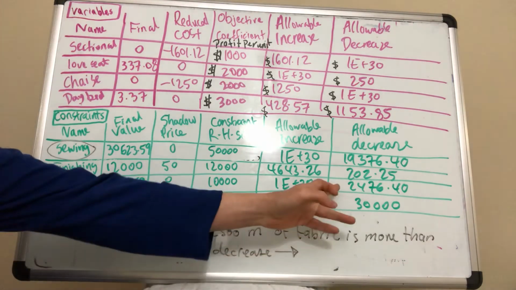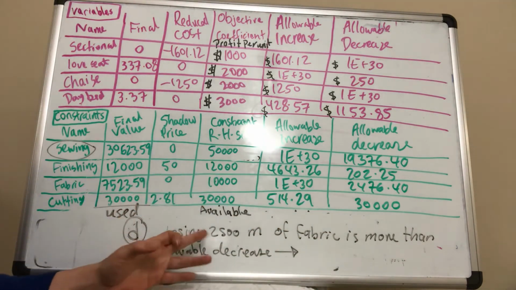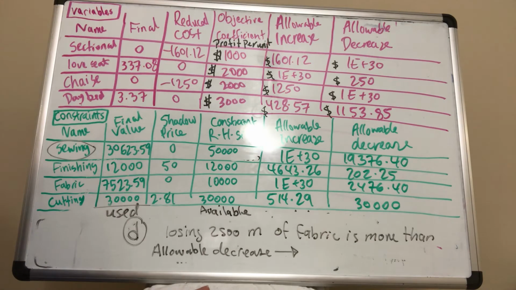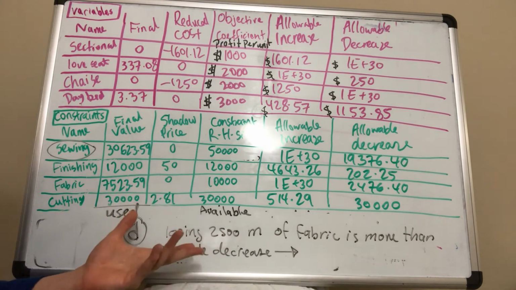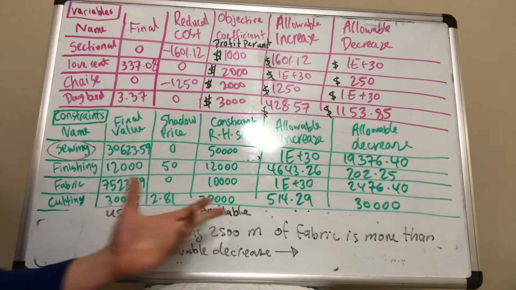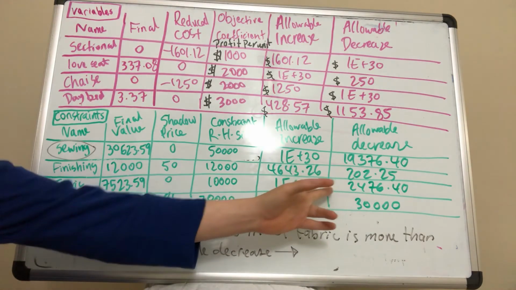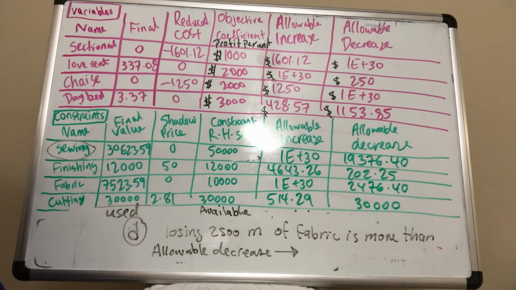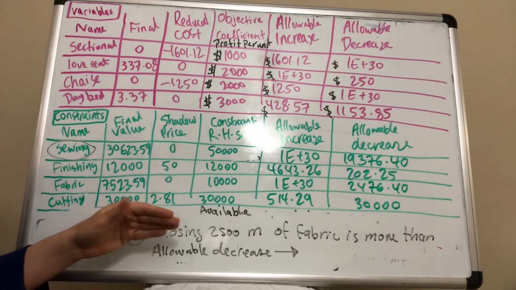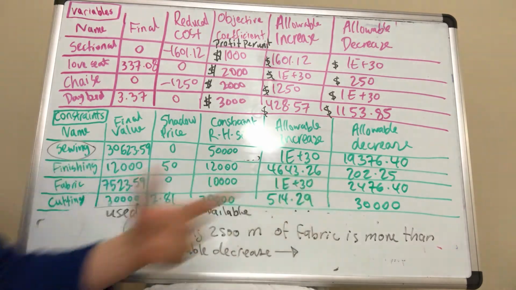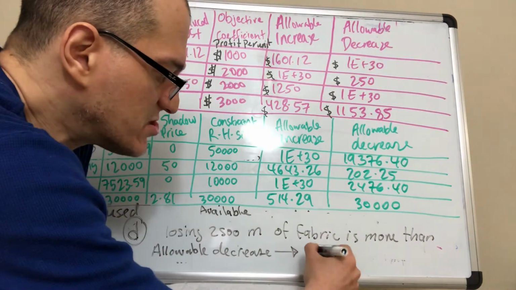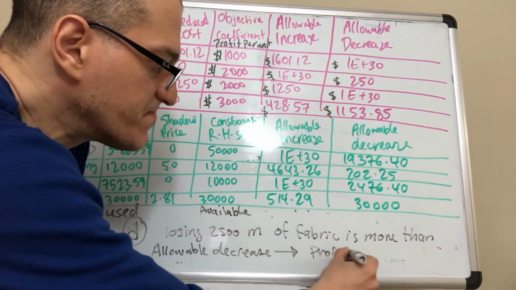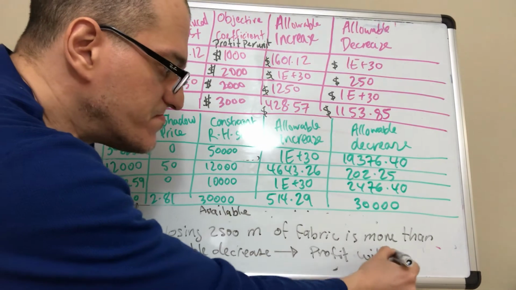Usually, I think what the question was supposed to be is just 2,000. So 2,000 you would say yes, it's within range, and then you do the same thing we did for the previous question, you multiply it by the shadow price. But since you lose more than the allowable, all you need to know is that profit will go down.